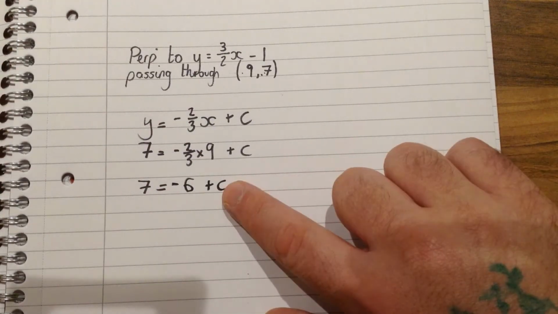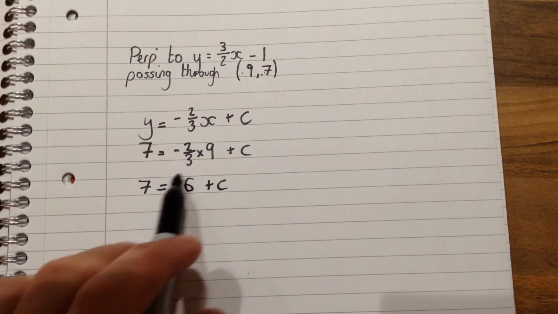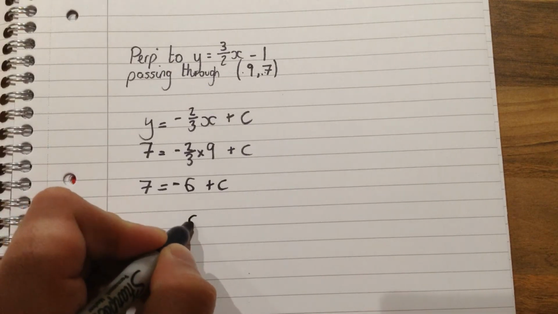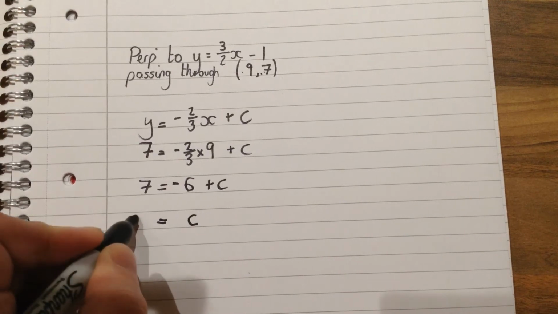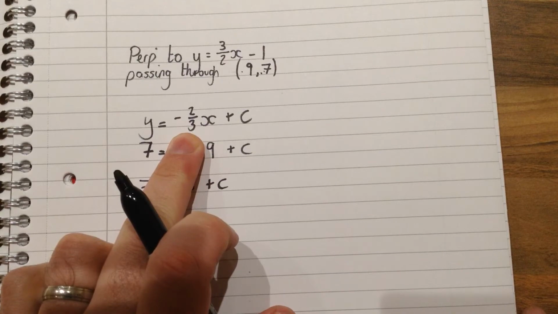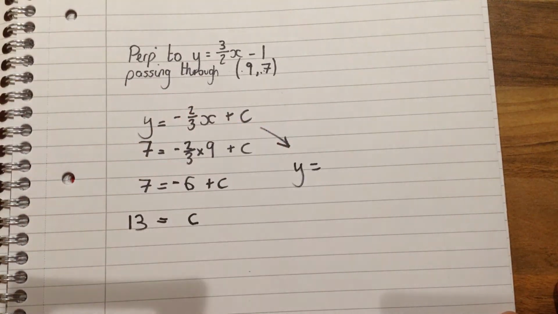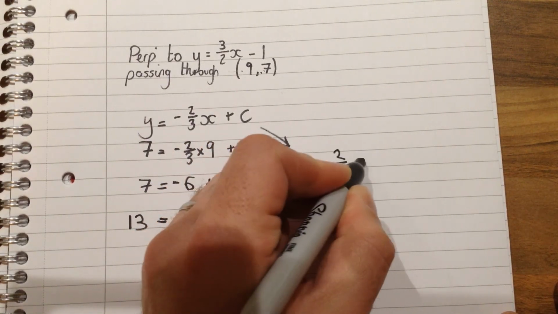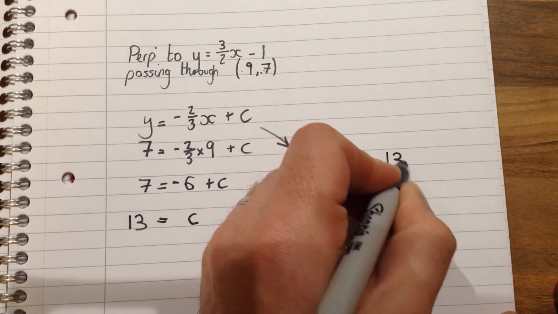So at this point, to work out what the value of c is, I would have to do the opposite of this minus 6 here. So I would add 6 to both sides to give me that c is equal to, adding 6 on, 13. So let's put this back into the equation that we've got up here. So y is equal to minus 2/3 x, c is 13, so I put plus 13.